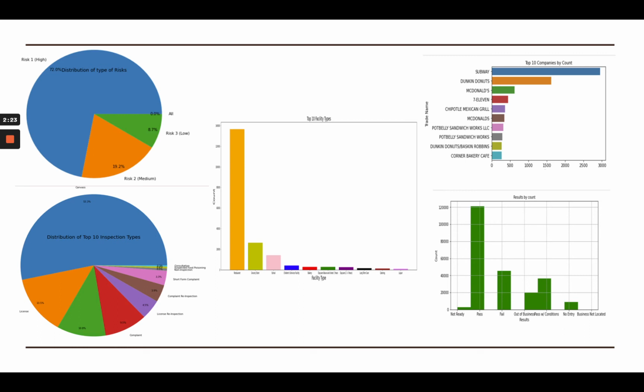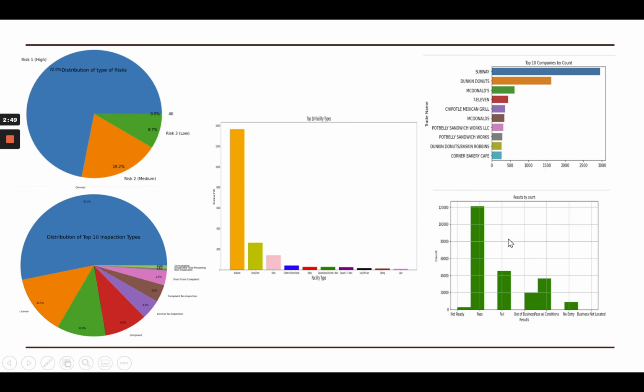In that, more than 50% of the inspection type is Canvass. Then I plotted using facility type and count. Most of them are restaurants, so the majority of the data is from restaurants, and among those most of them are from Subways, Dunkin Donuts, etc.